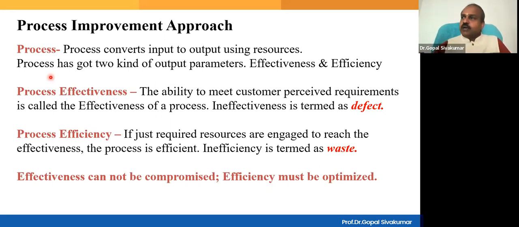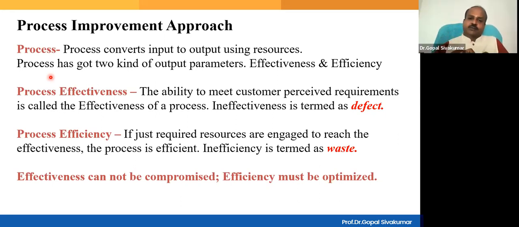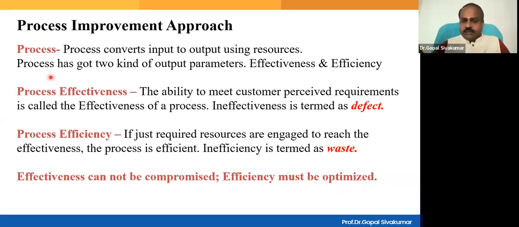On the other side, process efficiency. Process efficiency means how much input your process is consuming. Is it consuming only the required amount of input, or is it consuming an excessive amount of input? This is called efficiency. If your process consumes exactly the required amount of resource, your process is considered efficient.